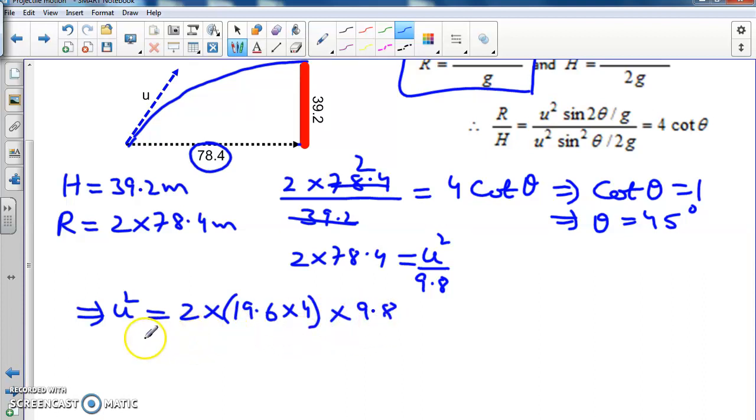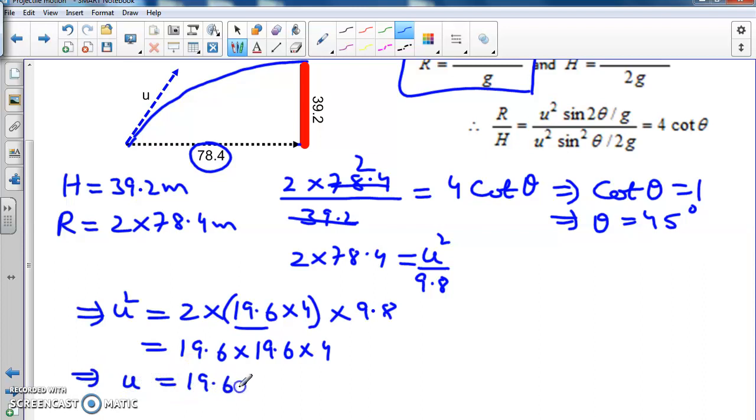So this becomes 19.6 into 2 into 9.8, which is again 19.6 into 4. So taking square root, we have u is equal to 19.6 into 2, which is 39.2 meters per second.